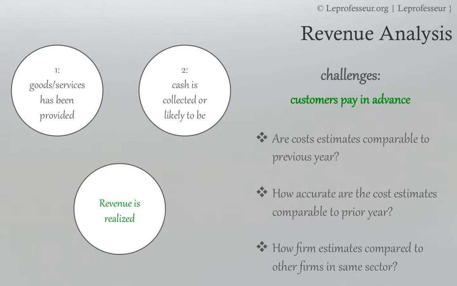How do the firm's estimates compare to other firms in the same sector? For example, you plan to take a flight via Air Canada, and there are two major carriers in Canada, WestJet and Air Canada.